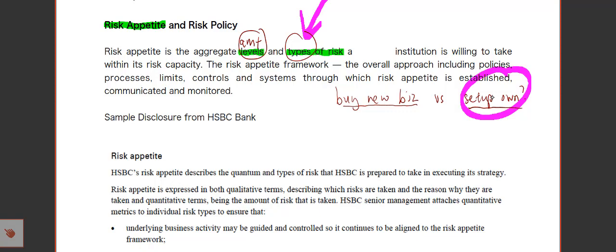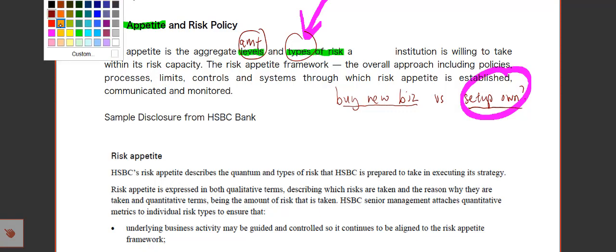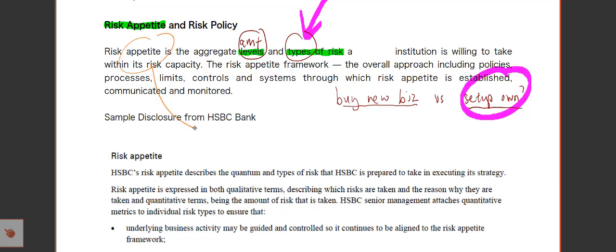That's why usually when we define risk appetite, we can define it in a qualitative manner as well as a quantitative manner. A qualitative manner is a description of risk, but does not really say how much. But quantitative is where an amount comes in.